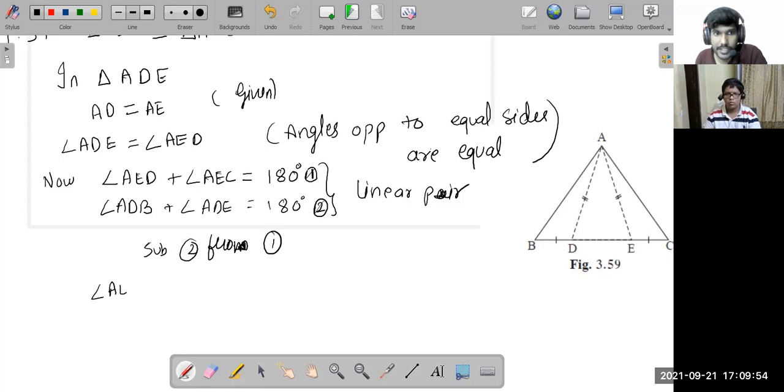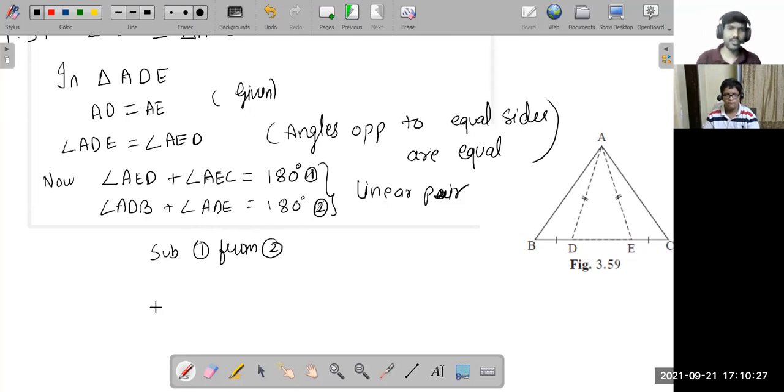So angle AED plus angle AEC minus angle ADB plus angle, wait, sorry, I made a mistake. Subtract 1 from 2. I think if I had done 2 from 1, I would have got the same answer.